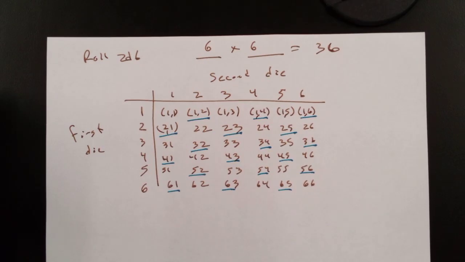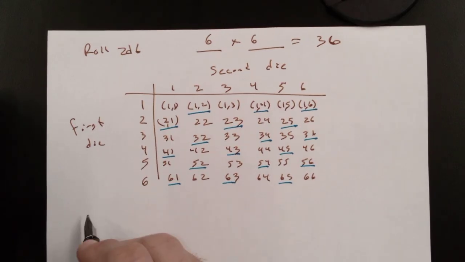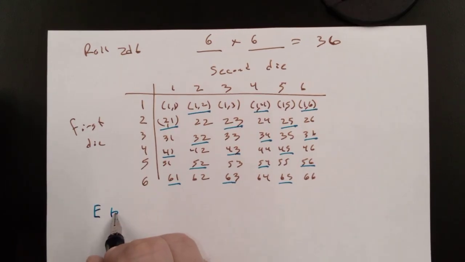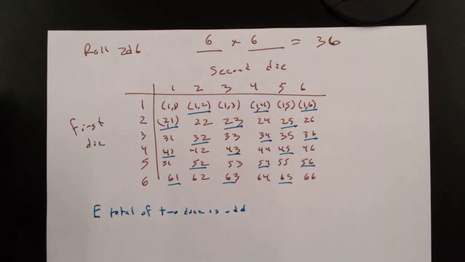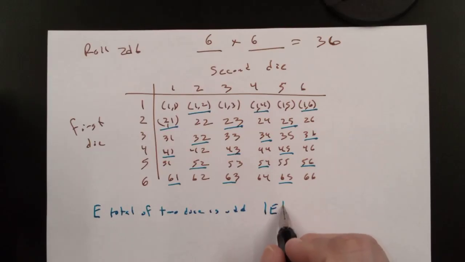If my event E is that the total of my dice is odd, how many underlines are there?